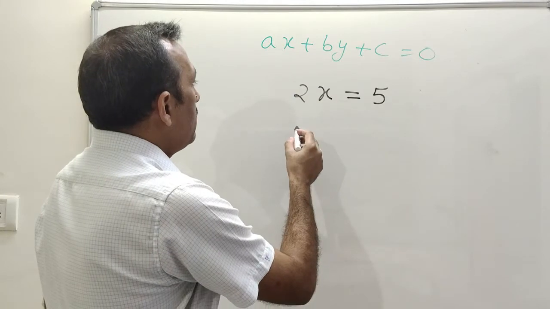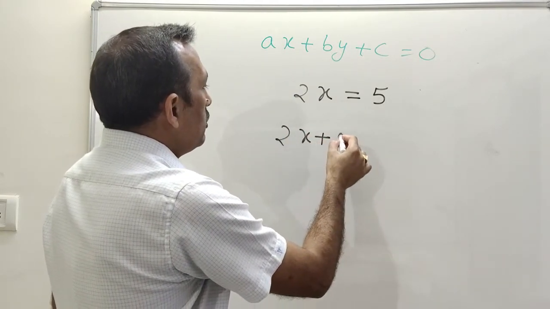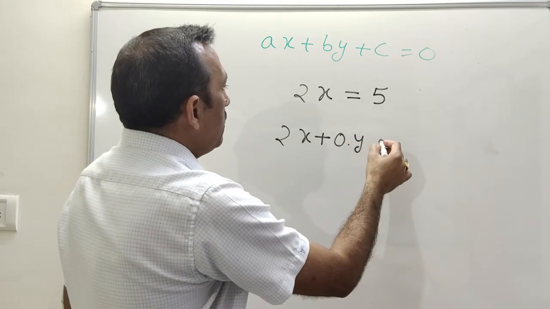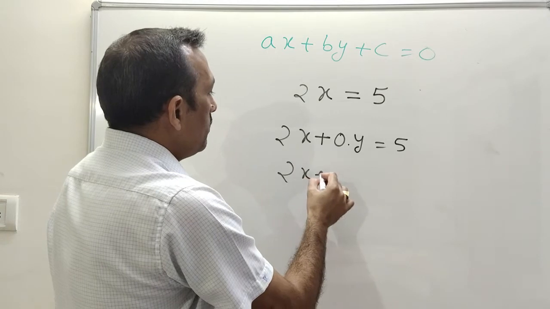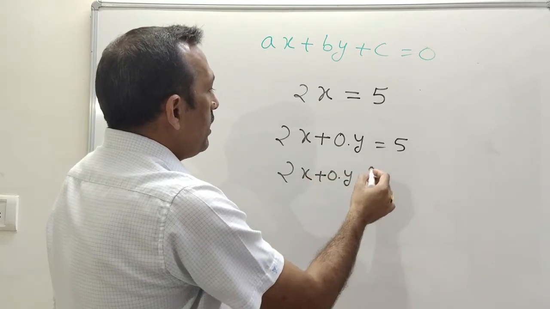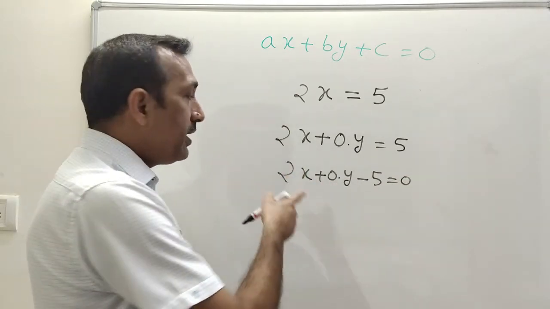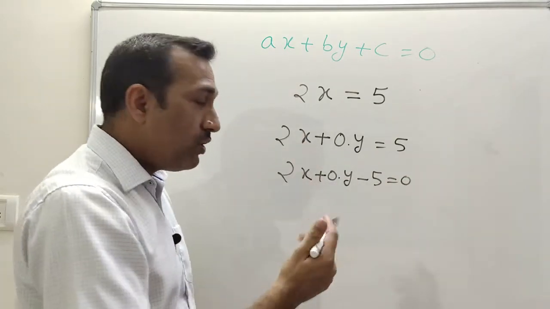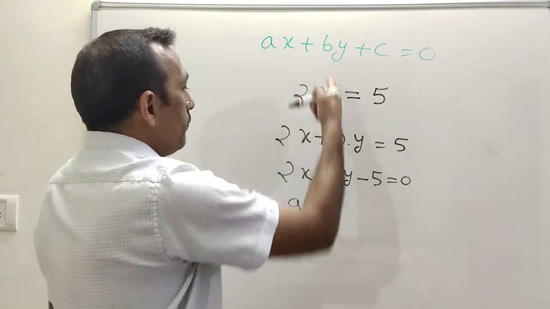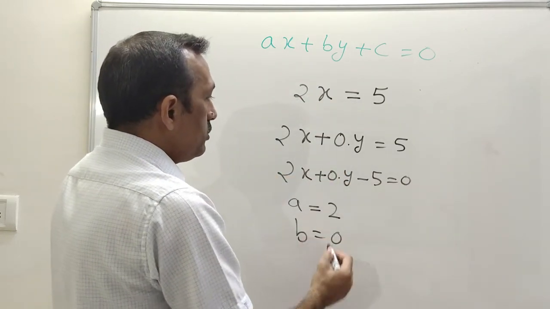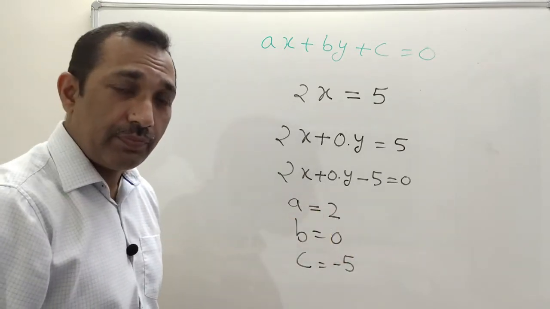I can write it as 2x plus 0 into y equal to 5, 2x plus 0 into y minus 5 equal to 0. If I compare this equation with the standard form, then I can say a equal to 2, b equal to 0, and c equal to minus 5.